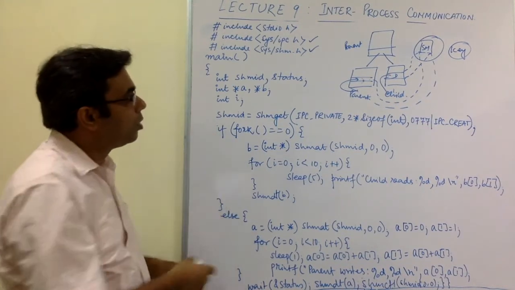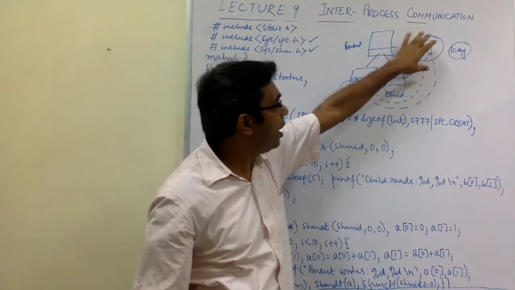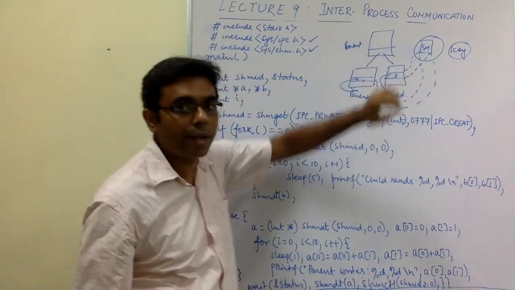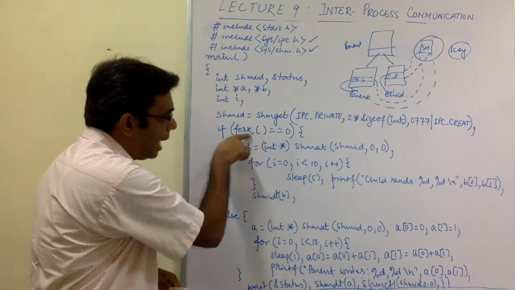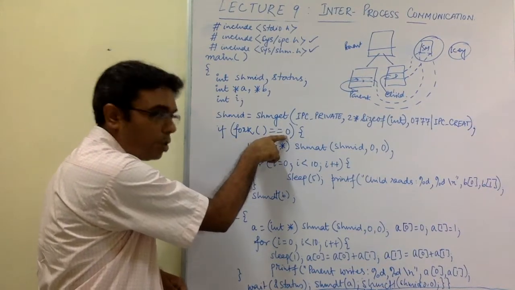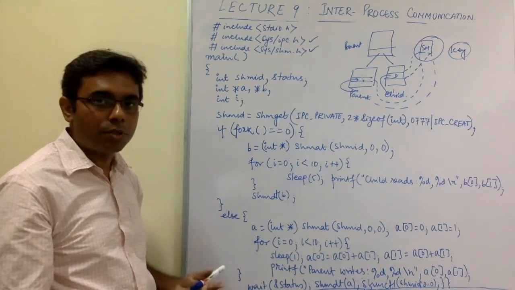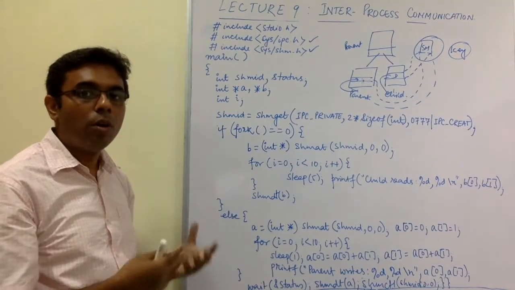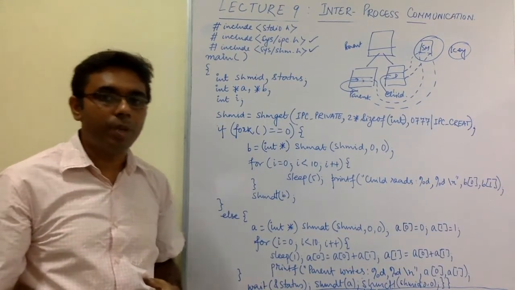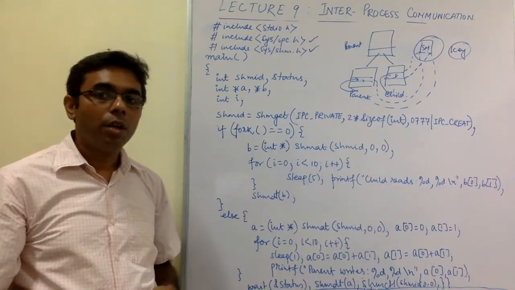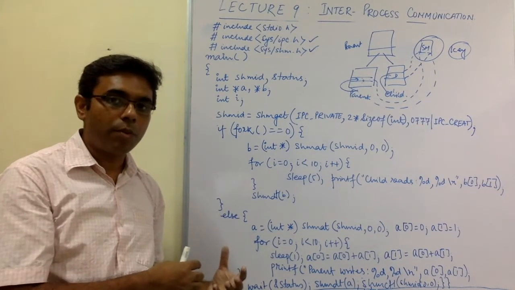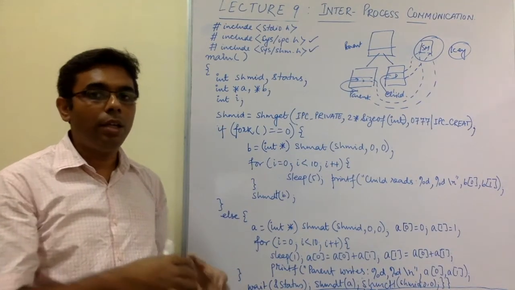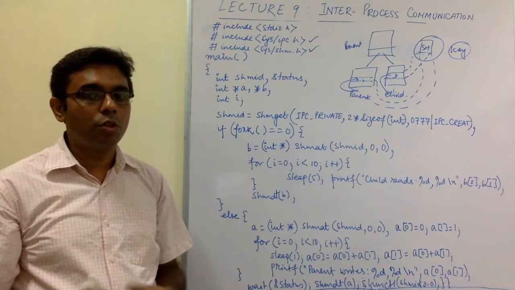And now the parent forks. So it creates the shared memory, and now it forks to create a child process. Right. So if we fork and the return value of the fork happens to be 0, which means we are in the child process. Recall the process management APIs that we had discussed: fork returns a value 0 to the child process and the ID of the child process to the parent.